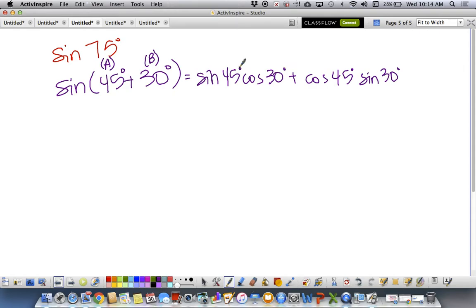So what are we doing to find sine 75? We've broken it down. What do we have to know now? What those are. What do I need to do to find what those are? They're triangles. These triangles are not ever going away. What's the side of my isosceles triangle?